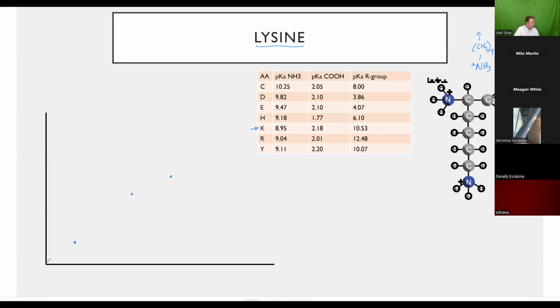Now, I'll just draw in this molecule, or no, I gotta erase that. That didn't look good. I'll draw in my curves. Great. Oh, buffering range, not as well as I wanted to draw there. But I'm going to go ahead and draw my dashed lines according to my pKa values.